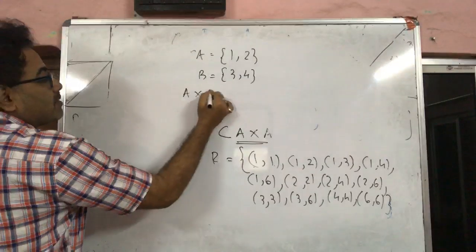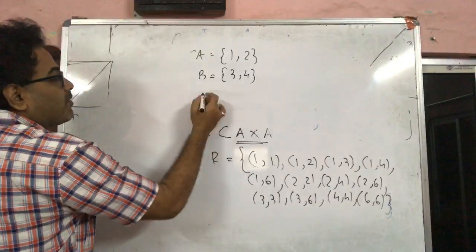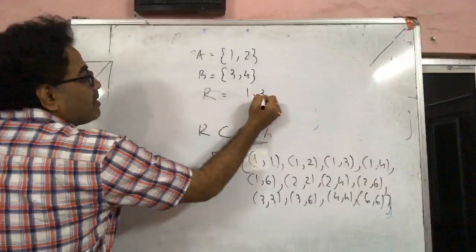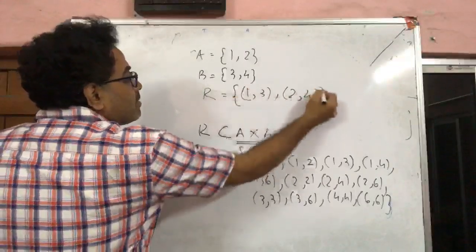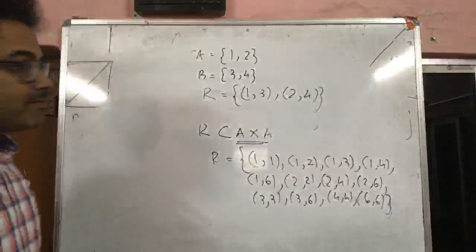So A cross B, I am writing one relation from A to B: 1 3, 2 4. It is a relation from A to B.